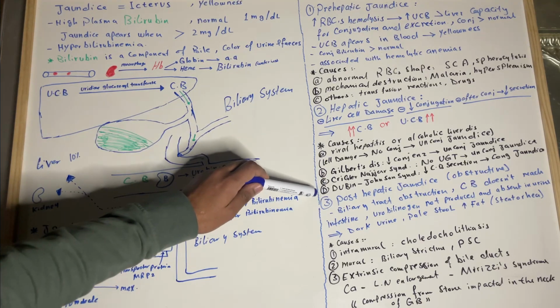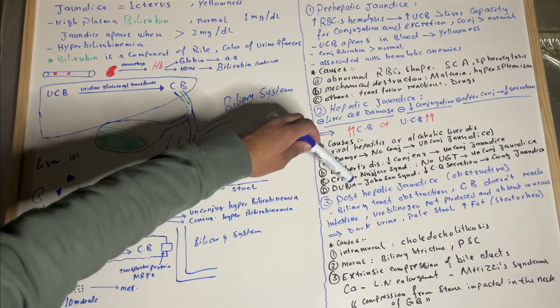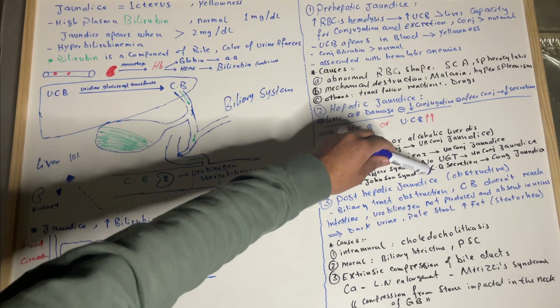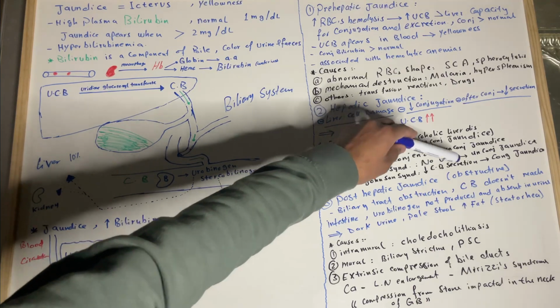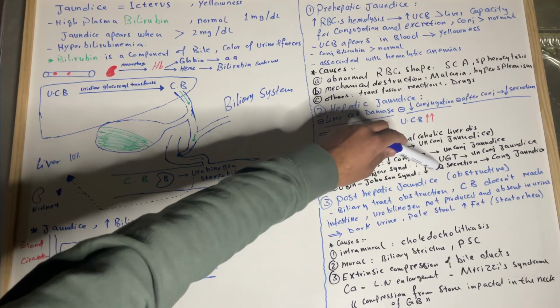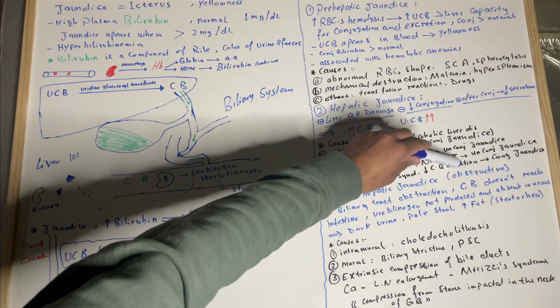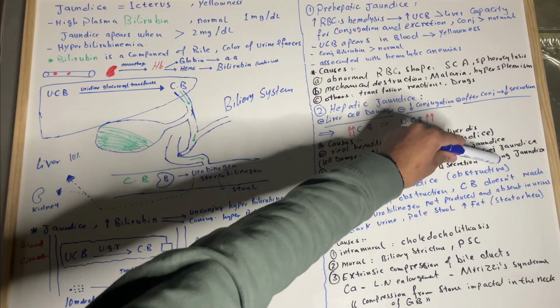The fourth cause is Dubin-Johnson syndrome. In Dubin-Johnson syndrome, there is decreased secretion of conjugated bilirubin. So there is already conjugation of bilirubin, but the problem is in the secretion. In this state, we have conjugated jaundice.